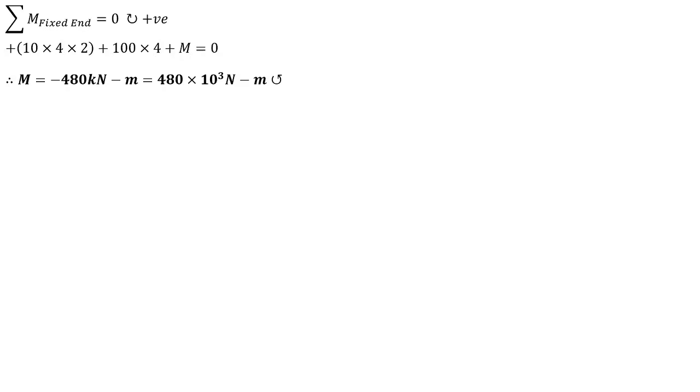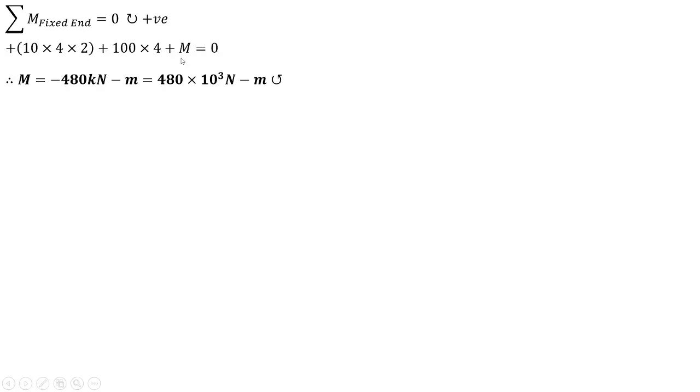Therefore it is acting exactly at the center of the beam because it's a UDL. Therefore the value is 10 into 4 into 2. It is causing a clockwise couple, therefore it is a positive value. Then 100 kilonewton is the force acting at a distance of 4 meters, so it is 100 into 4. That also creates a clockwise couple, therefore it is a positive value.